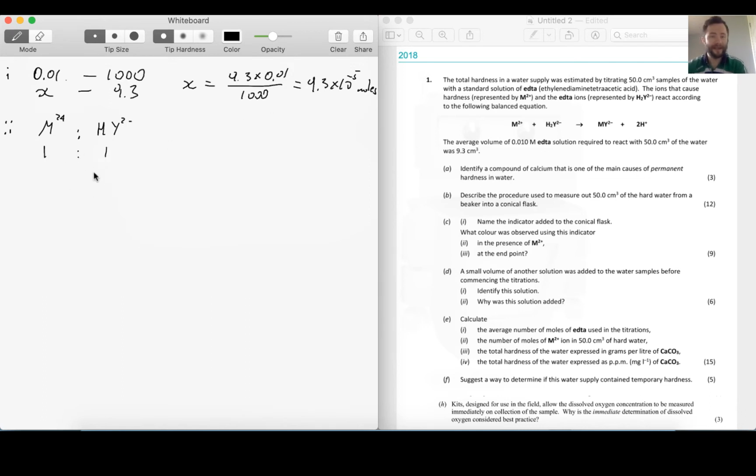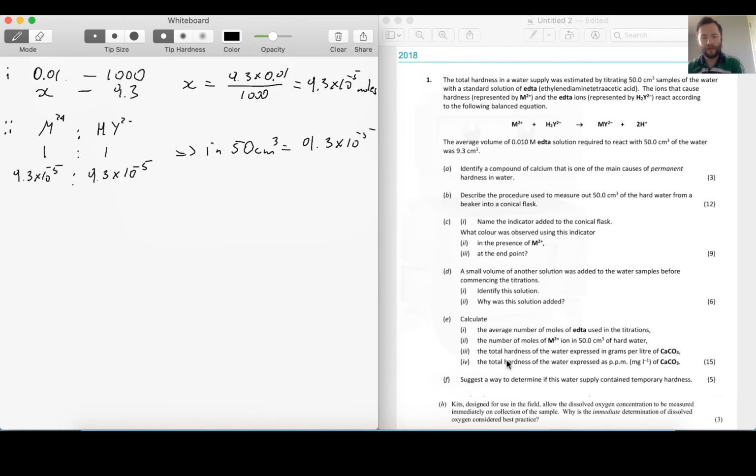So if I have 9.3 times 10 to minus 5 moles of EDTA, it means that I have to have 9.3 times 10 to minus 5 calcium carbonate ions. So the number of moles in 50 cubic centimeters is equal to 9.3 times 10 to minus 5.